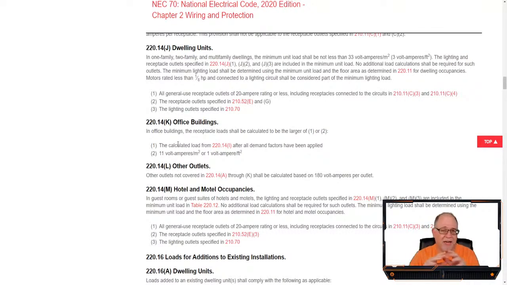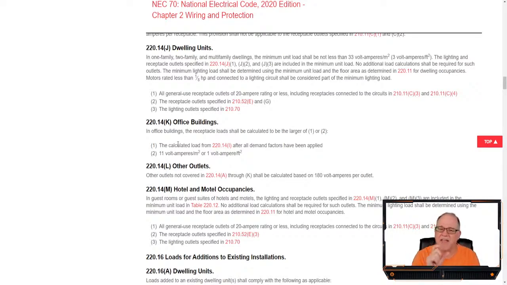Now, of course, we're allowed to switch receptacles in some areas other than bathrooms and kitchens. We're able to switch a receptacle in lieu of a lighting outlet. Those are in the rules there that we've covered in other episodes. But for the most part, all of our general lighting that's covered in 210.70 is, guess what? It's already figured in for that 3 VA per square foot. So I don't have to do anything special for that when it comes to that lighting.